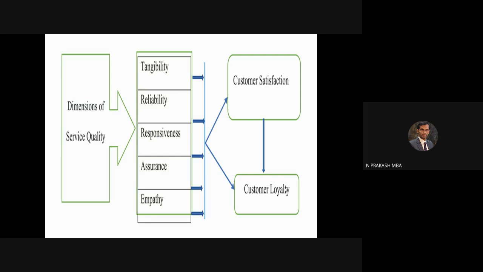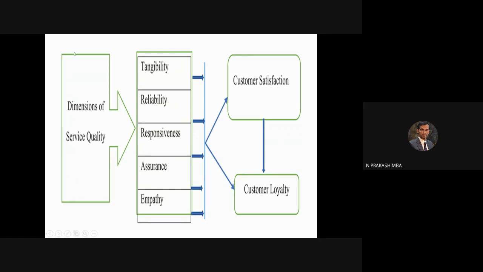If you want to assess the dimensions of retail quality and its impact on customer satisfaction and customer loyalty, the first thing is we want to identify the variables which come under service quality. That is, these are all the dimensions of service quality. Next, we want to assess how this service quality creates an impact on customer satisfaction.